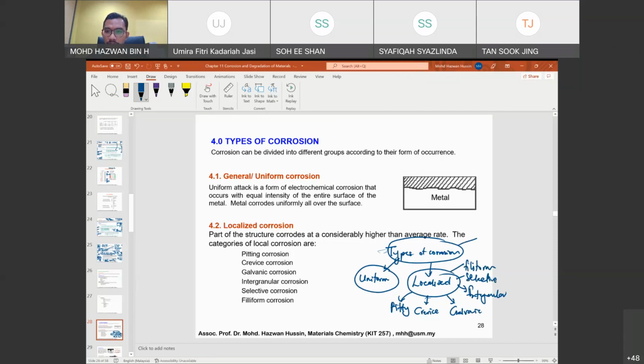Another type will be the combined effect. This one I think we will see later. So we're going to look into each category of localized corrosion.